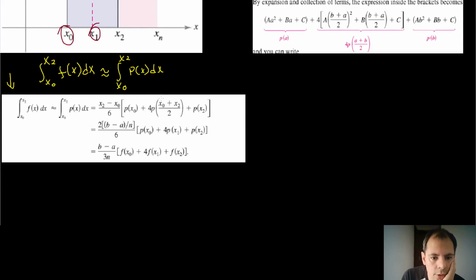So it's the integral of x0 all the way to x2 of f of x dx, which is an approximation of the integral of p of x dx from x0 to x2. Remember what you had?